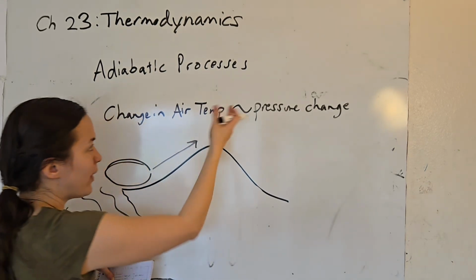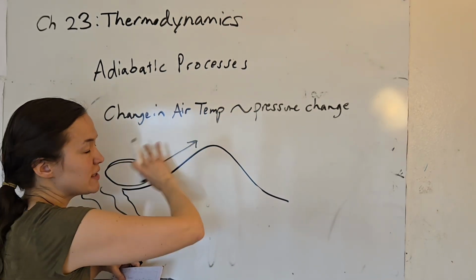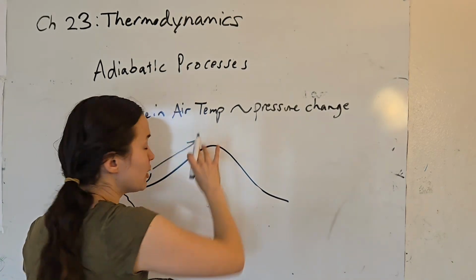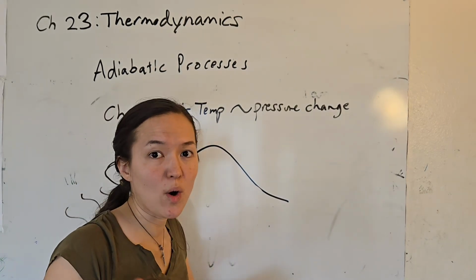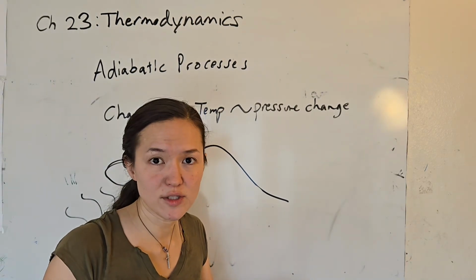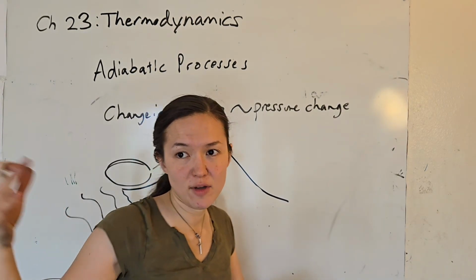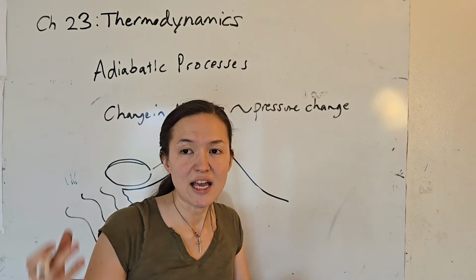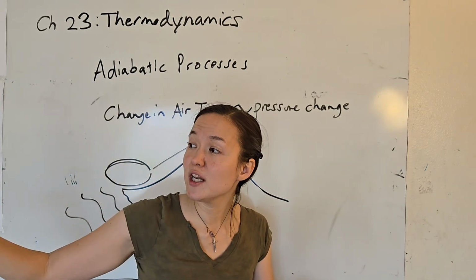And as it goes up, well, what happens? The pressure decreases as it goes up, and it gets colder. And as it gets colder, its dew point, the amount of water, as you know, hot air can hold a lot more water than cold air. Cold air can't hold as much water. That's why if you hang your clothes out to dry on a cold day, they don't dry as fast as when you hang them out on a warm day, because the warm air can soak up the water.